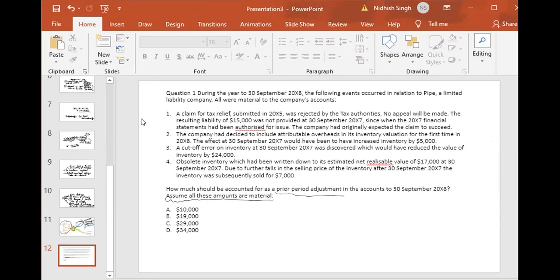So a claim for tax relief submitted in 2005 was rejected by the tax authorities. On the face of it, it is not a legitimate adjustment. You agree or not? The company had originally expected the claim to succeed.